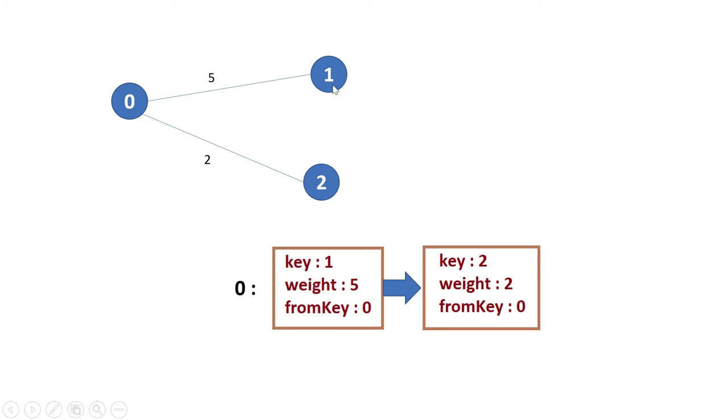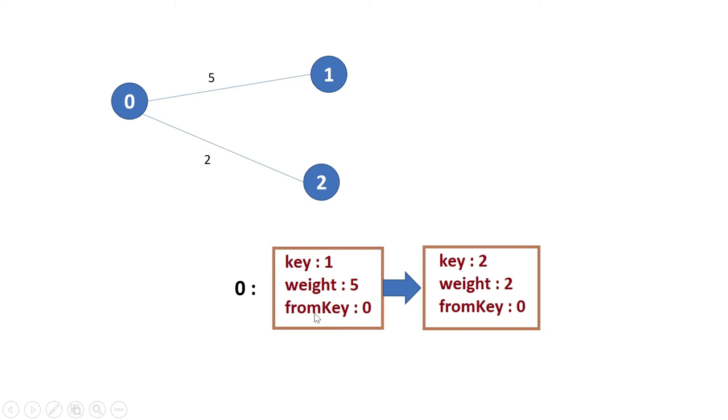Key means the connection from 0 is present for which node. For this case it is 1, and in this case it is 2. Weight means the weight of that edge, that is 5 and 2. From key means where this key is coming from, which for both of these cases is 0.